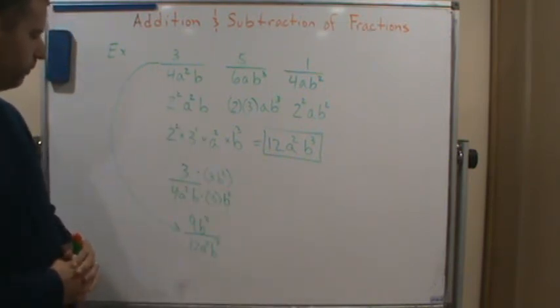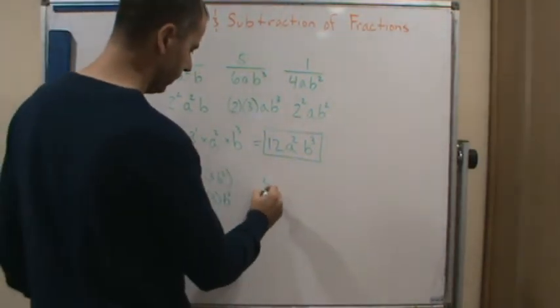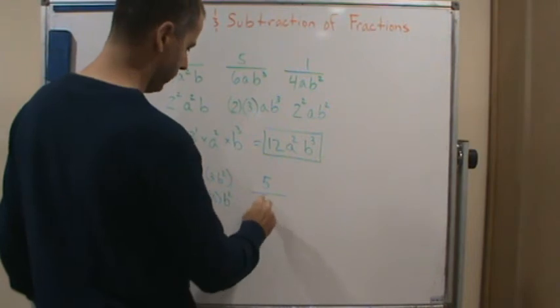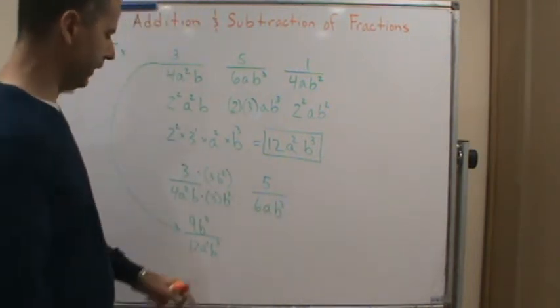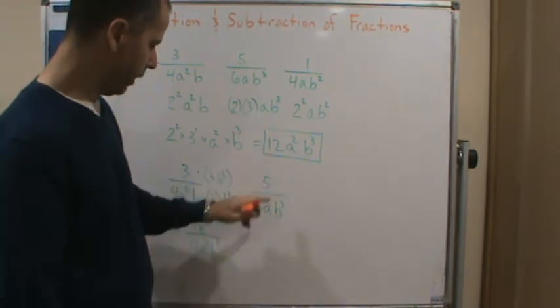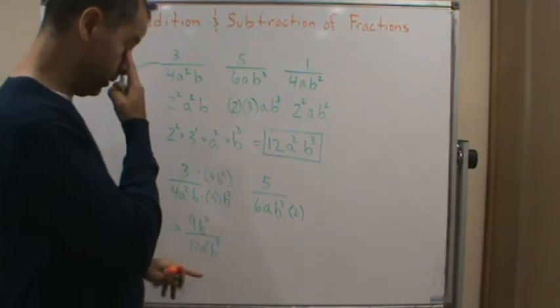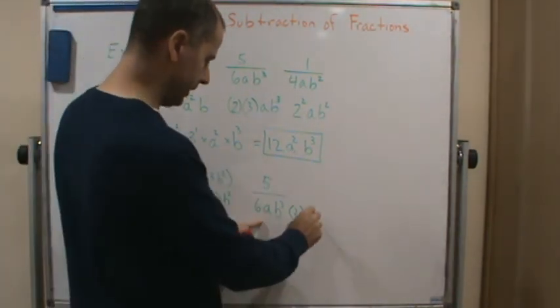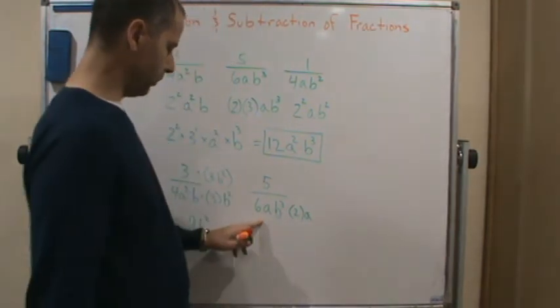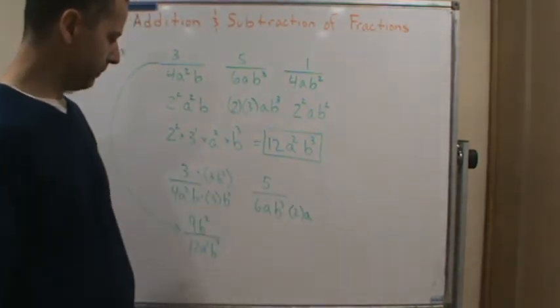Okay, so now let's do the next one: 5 over 6AB cubed. Again, what am I missing in the bottom? I need a 12, so what do I need to multiply by to get 12? I need to multiply by 2. I've got an A here, but I need A squared, so I need another A. So I'm going to multiply by A. And then B cubed is fine because I've already got the B cubed.